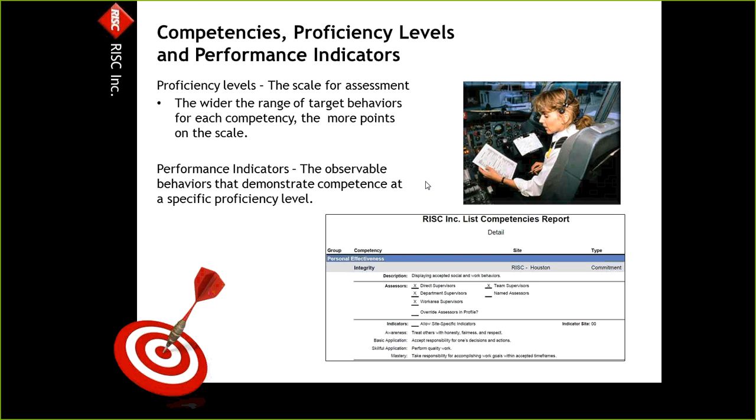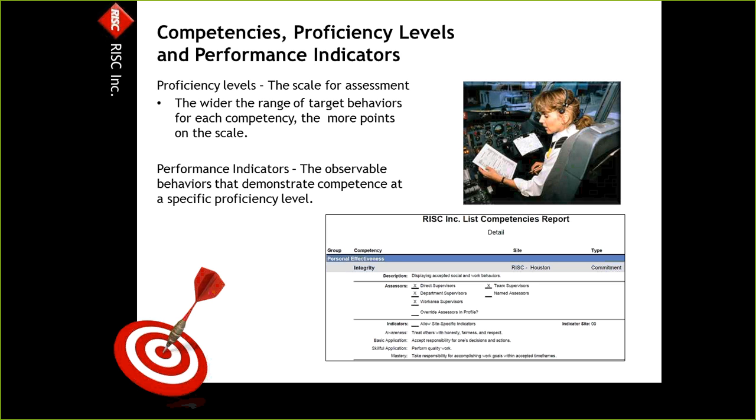Performance indicators are really tied back to proficiency levels. If I have a supervisor or an assessor, and I say, rate this person 1 to 5 on their ability to operate a forklift, it would be nice if I gave them some kind of performance indicator. If they can do a pre-operation safety check, they're a level 1 performer.